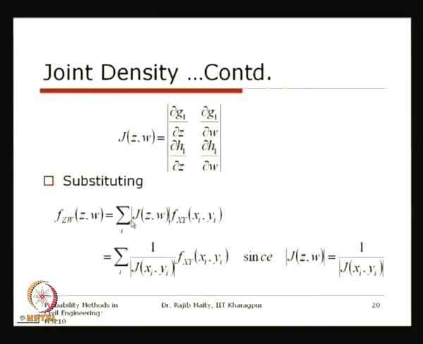Then one to one transformation means there will be only one root, so there is no need of this summation. That is, f of z, w will be equal to the Jacobian multiplied by the joint density of the original random variables expressed in terms of z and w. That is important.